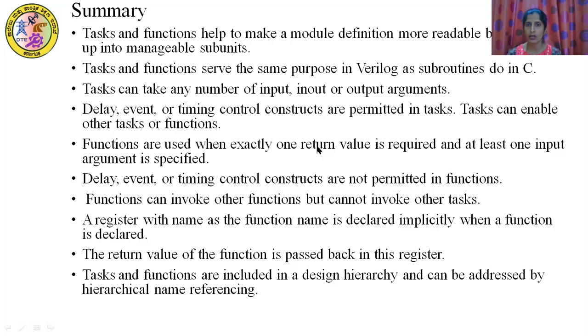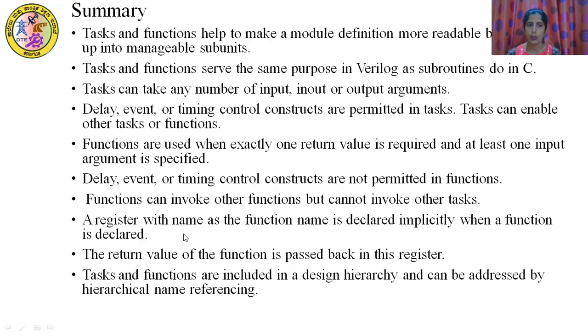If more than one return value is required, we cannot use a function. At least one input argument must be specified in a function. Delay, event, or timing control constructs are not permitted in functions, whereas they are permitted in tasks. Functions can invoke other functions, but cannot invoke other tasks.